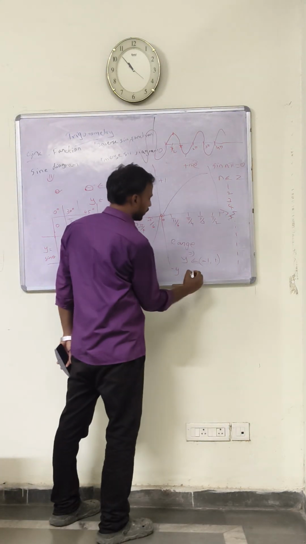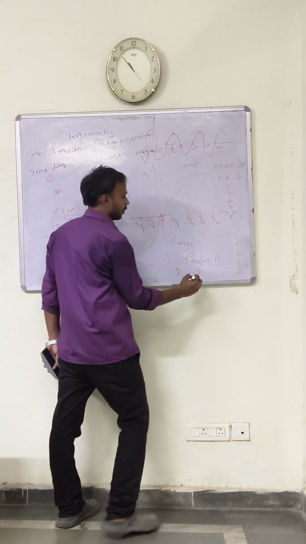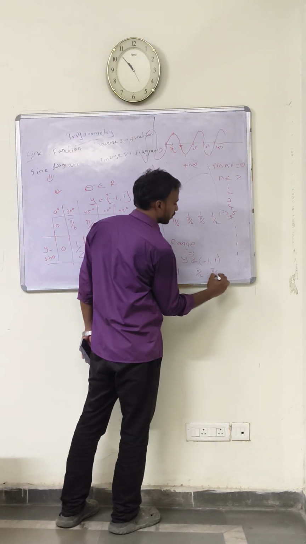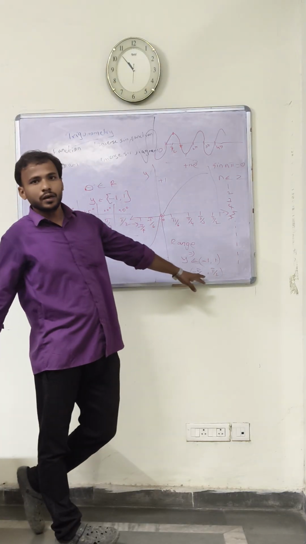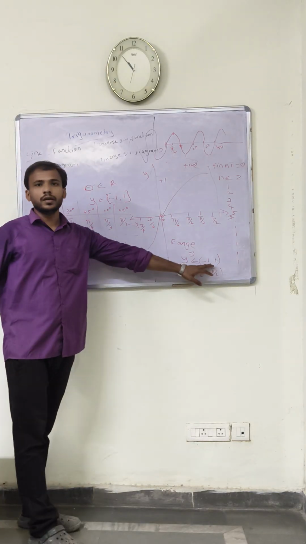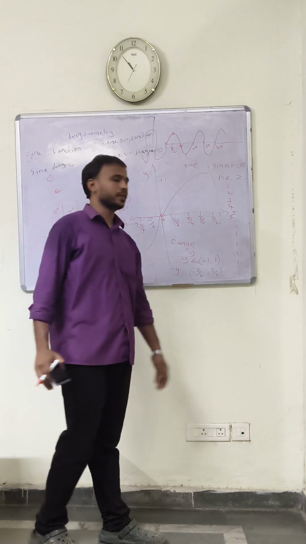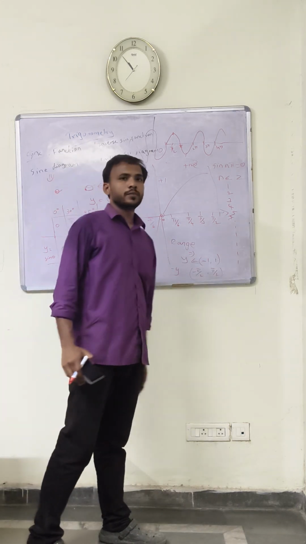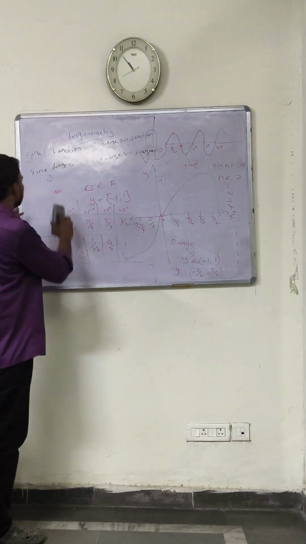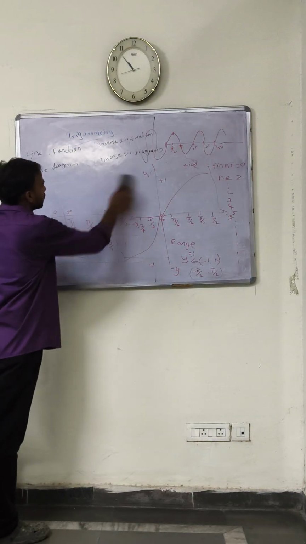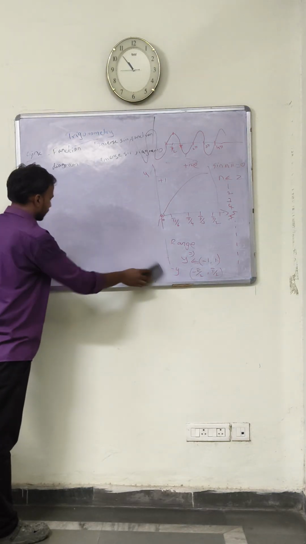It is effective between minus pi by 2 to plus pi by 2. So this is the principal domain. This is the principal range, principal values, right? Principal domain equivalent to principal value. So that is minus 1 to plus 1. Now we will look at the inverse sine function.